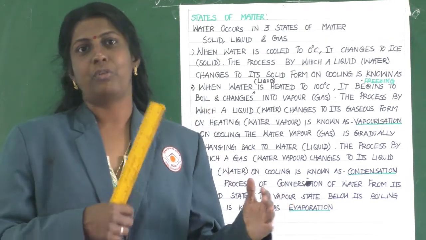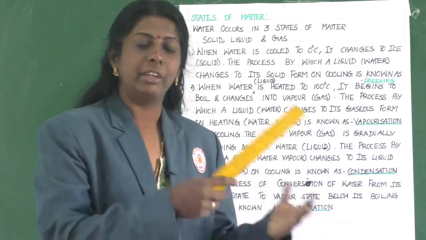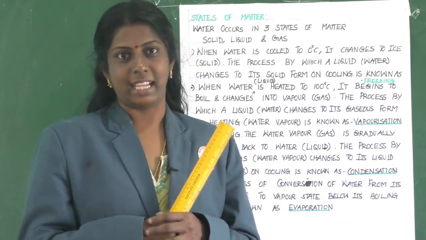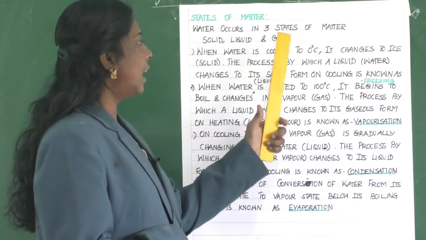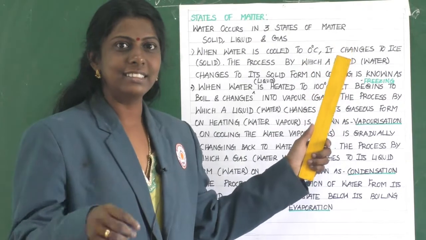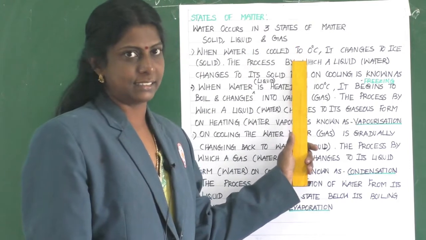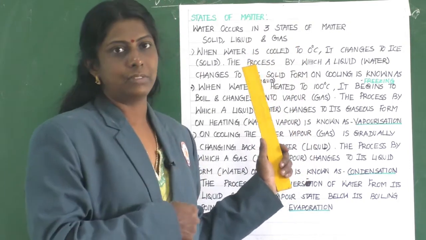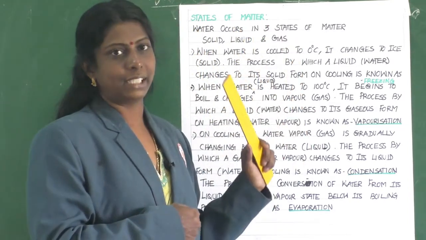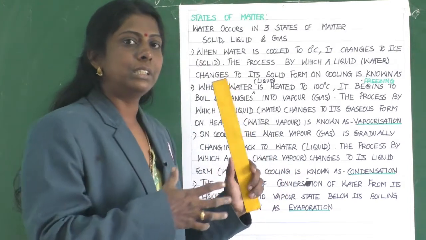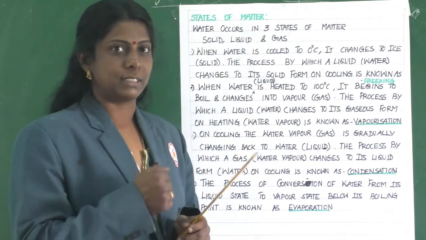These three states of water are interconvertible, that is, solid can change to liquid and liquid can change to gas. So they are interconvertible by means of some process. So we are going to learn about those processes.